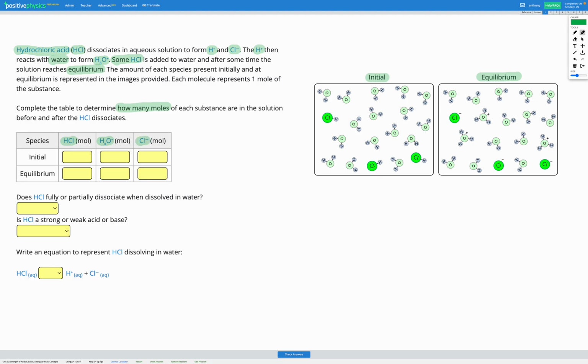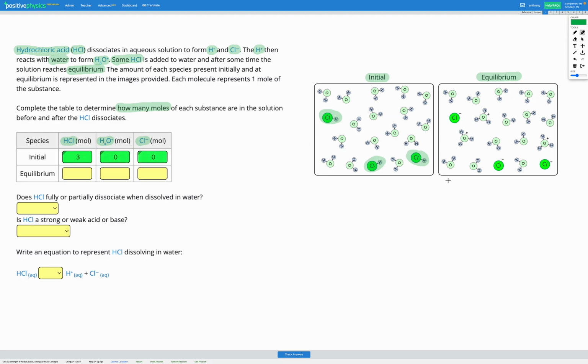Let's have a look in our initial diagram. I can see one HCl there, another one there, and another one there. So we've got 3 HCls, or 3 moles of HCl. I don't see any Cl-, and I don't see any H3O+. So I'm going to put a 0 in both of those.